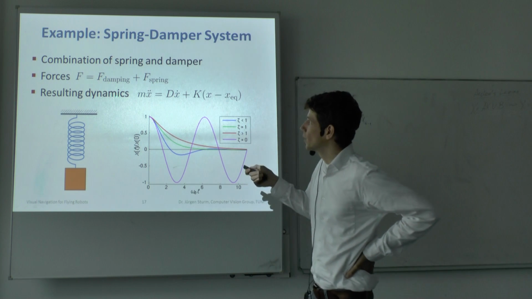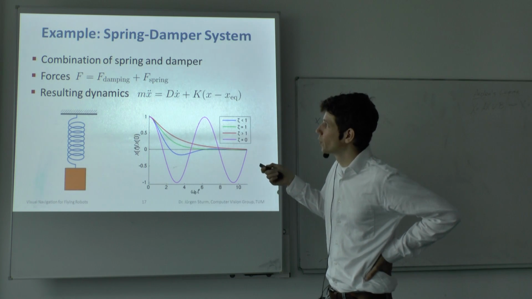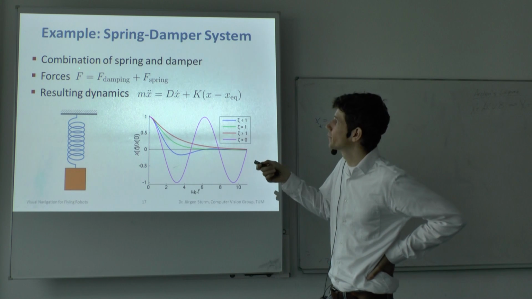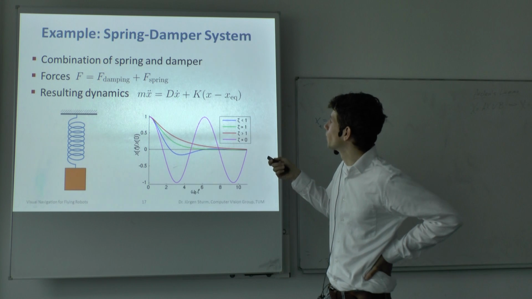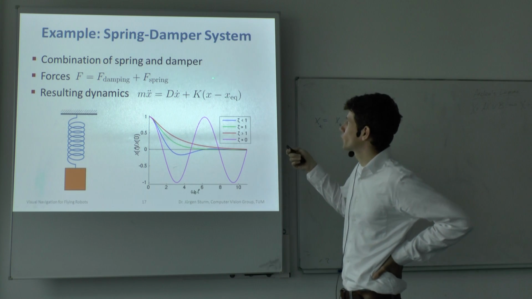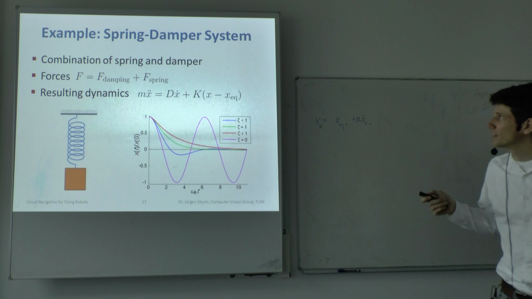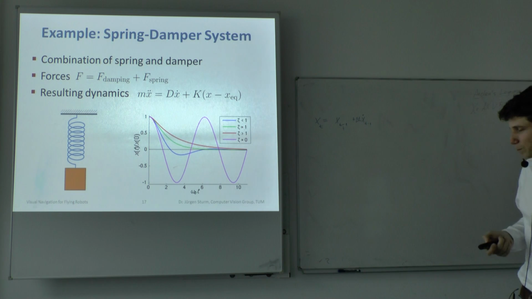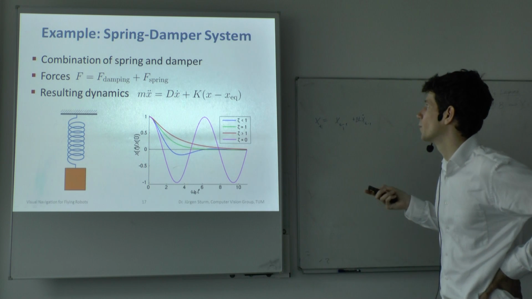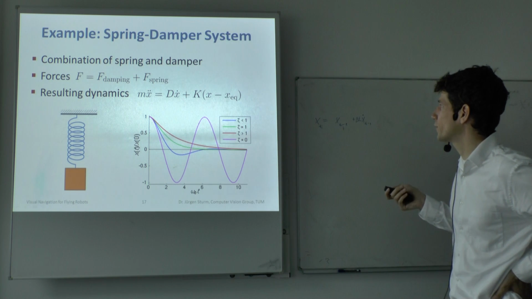And then as we've seen before, the acceleration of the object times its mass equals the force. So in this case, we just have the force from the damping and the force from the spring. And this means that we get this partial derivative equation.